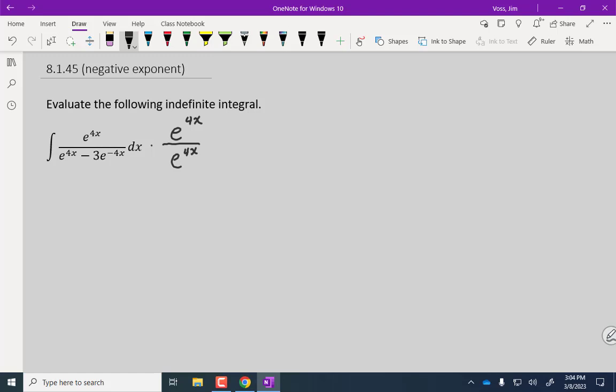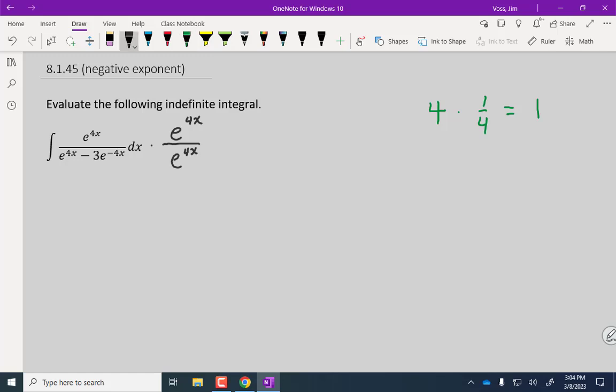Is everybody clear that e to the minus 4x and e to the 4x are reciprocals? If we have something like 4, its reciprocal is 1/4, and the property we're using is that a number times its reciprocal is 1, or a function times its reciprocal is 1. Anytime you multiply something with its reciprocal, you get 1.